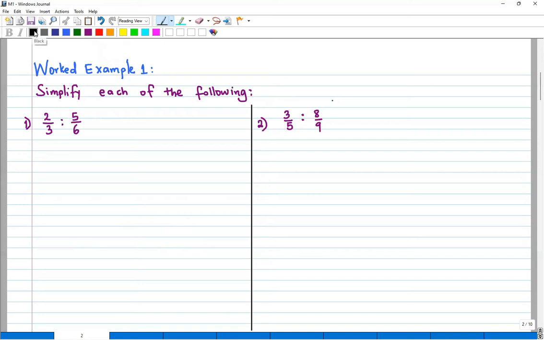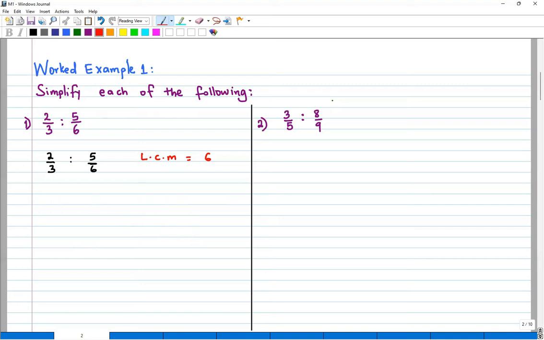Okay. Now, let's rewrite it as 2 out of 3 to 5 out of 6. What we are going to do, we are going to get the LCM of the denominators. So the LCM of 3 and 6. Okay. Now, the LCM of 3 and 6 is 6.